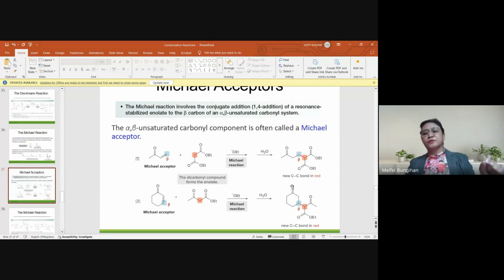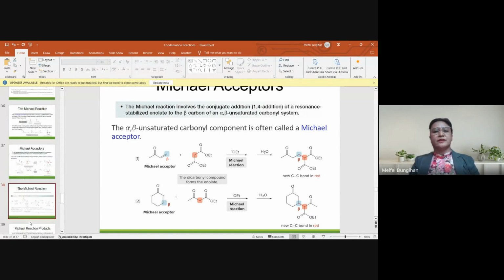So you don't have what we call the alpha beta unsaturated carbonyl or your beta hydroxycarbonyl. But you retain your carbonyl, and the new CC bond is between your enolate and the original beta unsaturated carbon. So that's for the Michael addition, the Michael reaction.